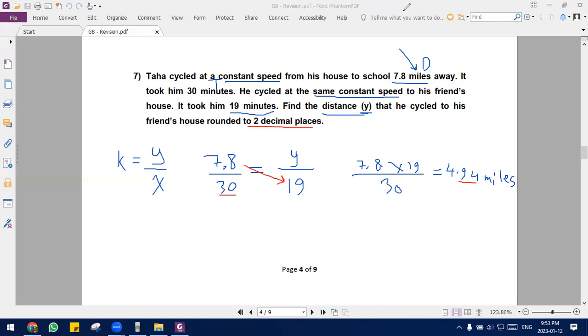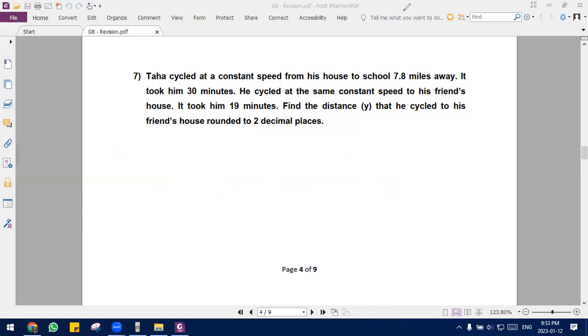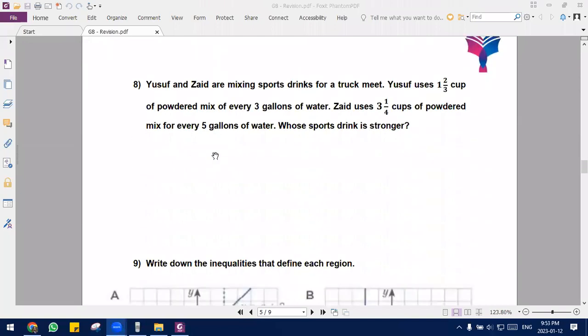Okay, next question. Question 8. Yusuf and Zaid are mixing sport drinks for a track meet. So Yusuf used 1 and 2 over 3 cups of powder for every 3 gallons of water. And then Zaid used 3 and 1 over 4 cups of powdered mix for every 5 gallons of water. Then whose sports drink is stronger?